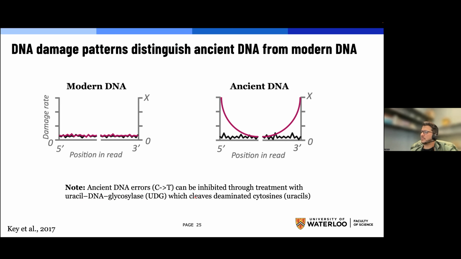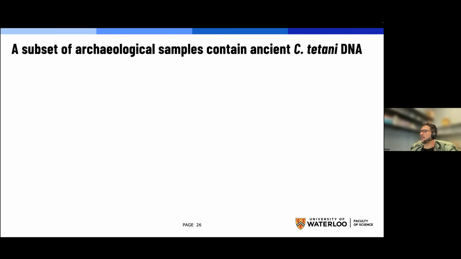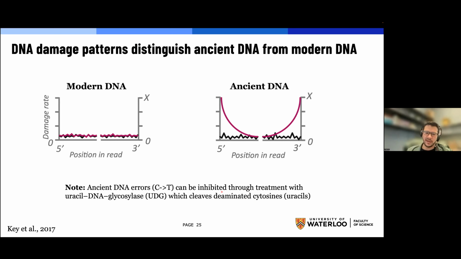That enzyme cleaves deaminated cytosine residues, so it actually prevents the incorrect conversion, the misincorporation that happens during sequencing. I should mention that this is sometimes done in these ancient DNA studies in order to reduce the levels of damage in the molecules and obtain more accurate sequences.